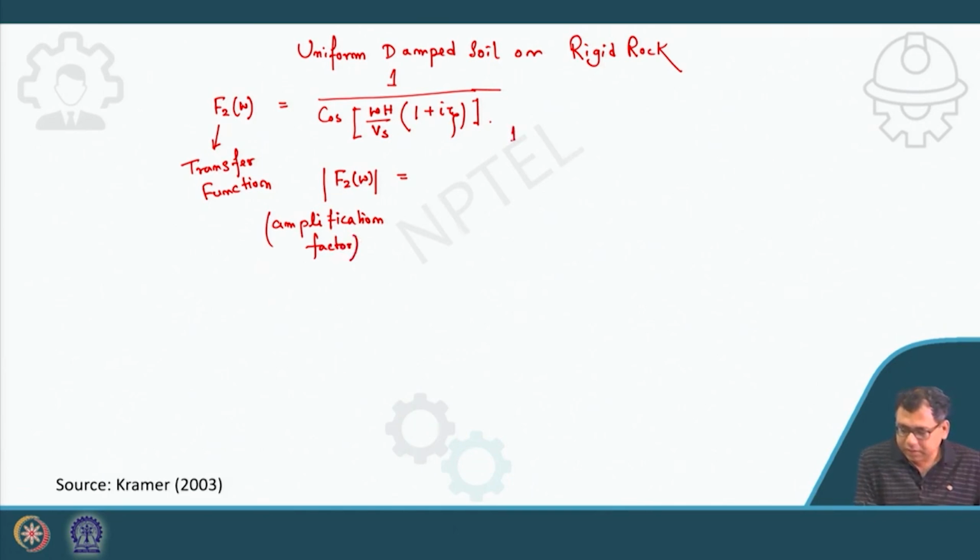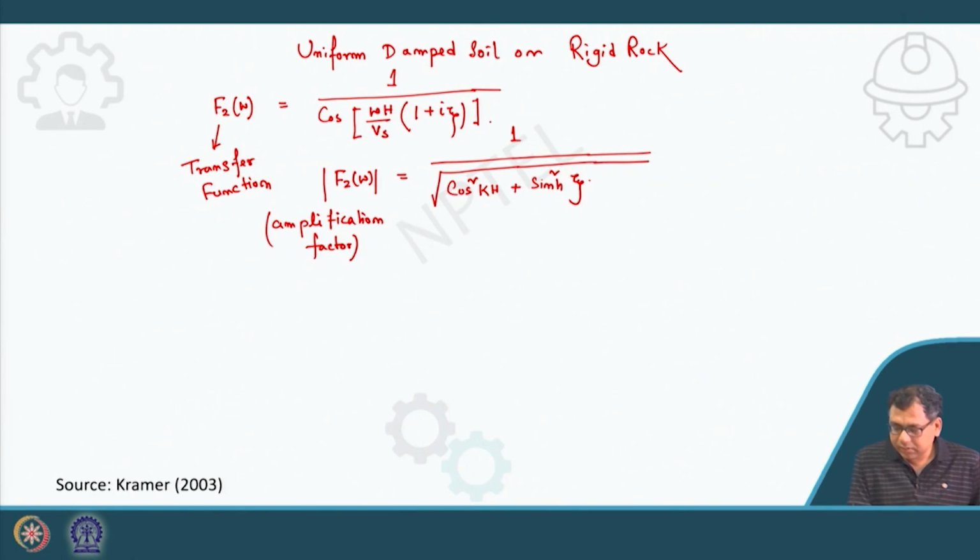that is equal to 1 by root over cos square kh plus sinh square damping ratio into kh.